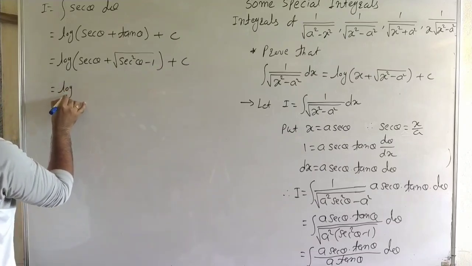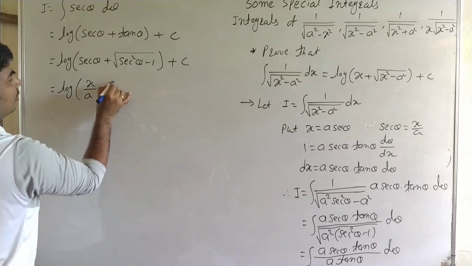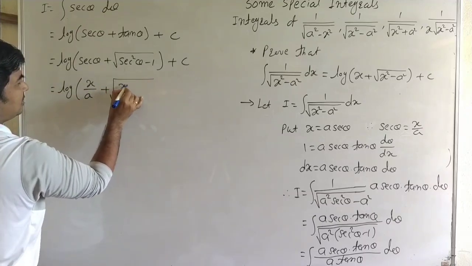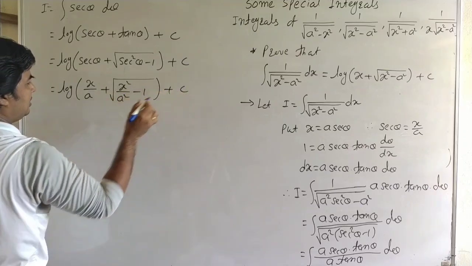Now log of sec theta plus under root of sec square theta minus 1 becomes log of x by a plus under root of x square by a square minus 1, plus c.